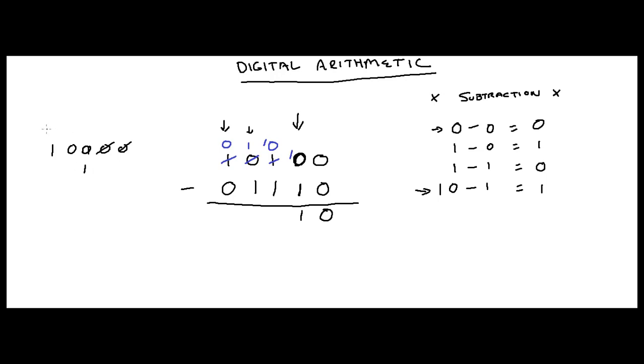Well, we need to borrow, and we're borrowing it way over here, right? Now, if you recall, and by the way, let's just put this 1, 0 right here. If you recall, each of these columns corresponds to a specific number. This is the 1s, this is the 2s, this is the 4s, this is the 8s, and this is the 16s, right?